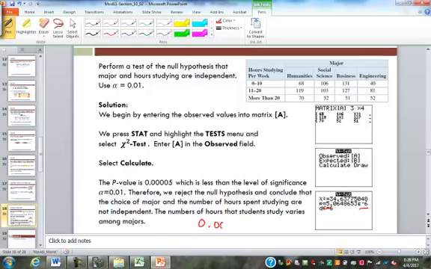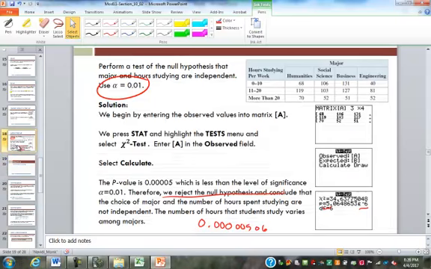So that is 0.00000 and so on. So that is obviously less than our alpha of 0.01. So therefore, again, we definitely will reject the null hypothesis and conclude there is a relationship between the number of hours studied and the major. Or the number of hours studied does vary by major.